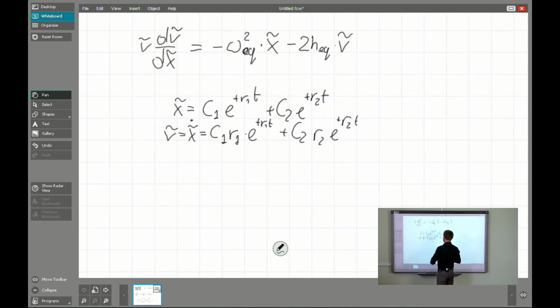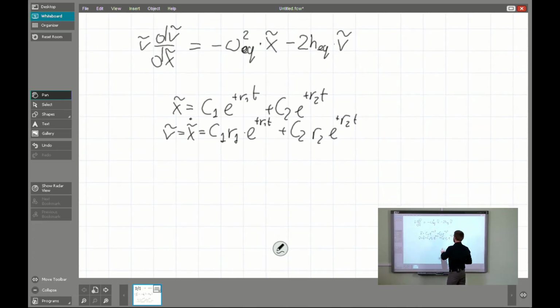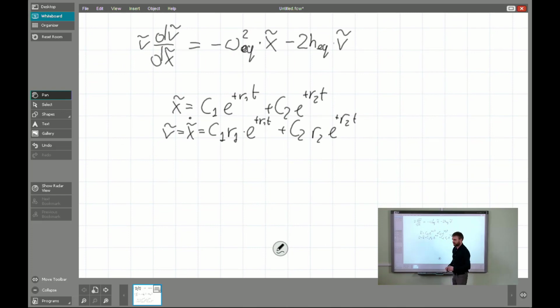But from our point of view it doesn't matter, because there will be some values of R1 and R2.